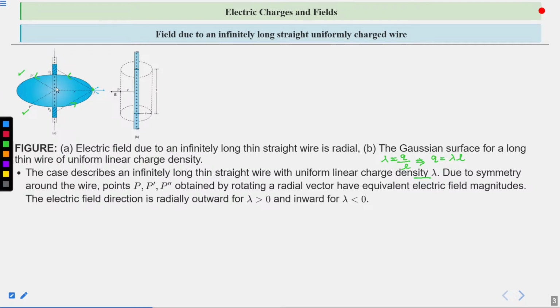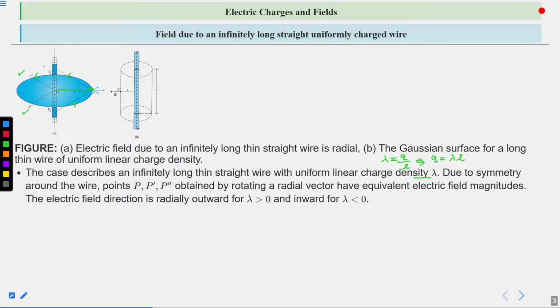Listen carefully, the electric field at all these points is the same, because their radial distance from the point to the charged wire is R.